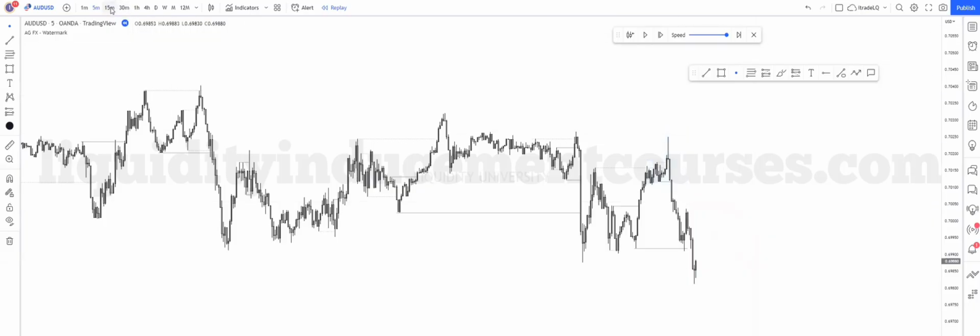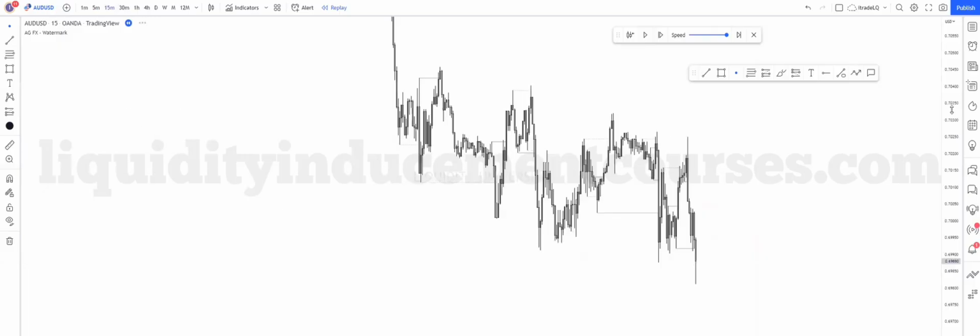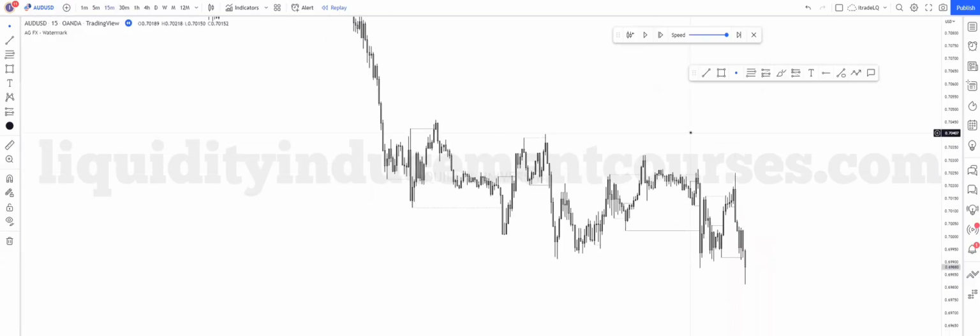So by now, I believe you guys have a clear understanding and view of what I mean by the fractal nature of the market from a structure standpoint. Right? It's as simple as this. It repeats over and over again.